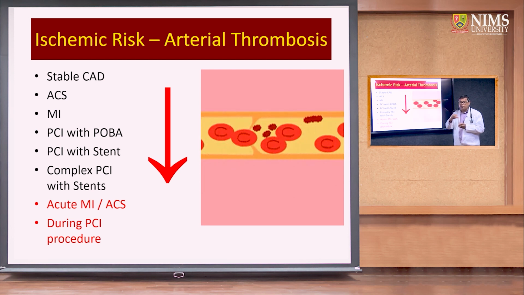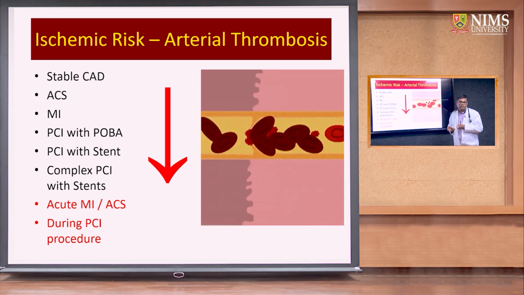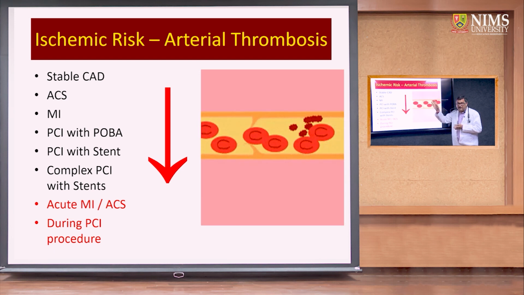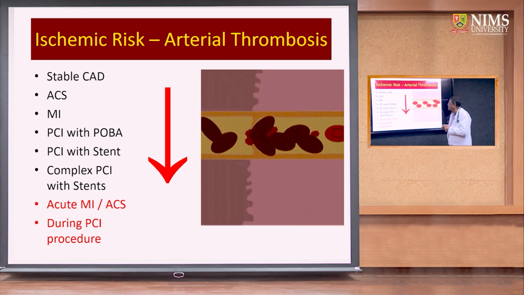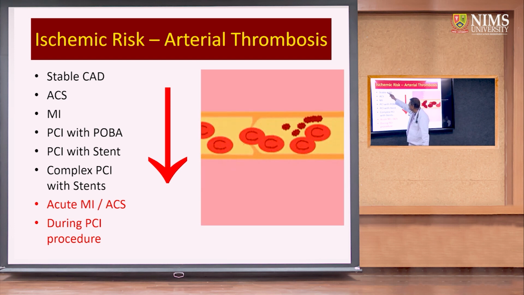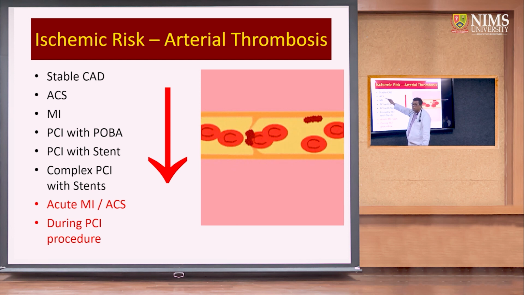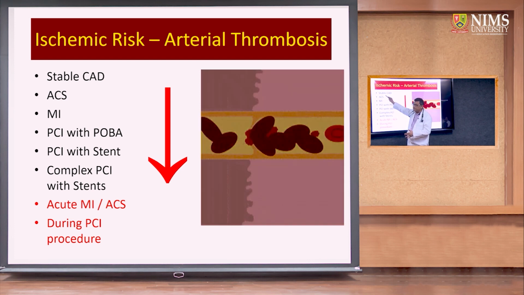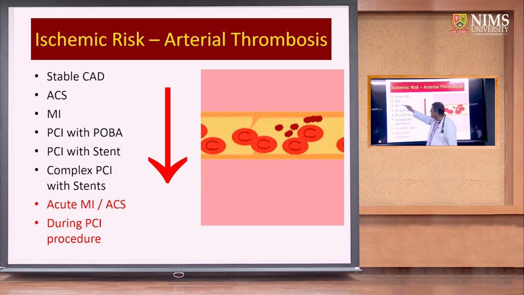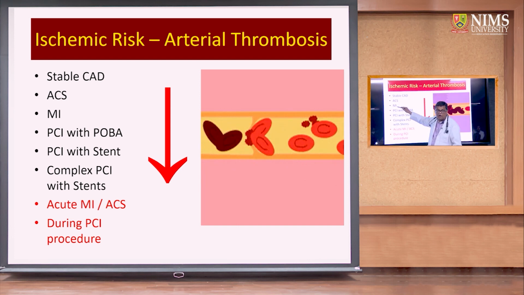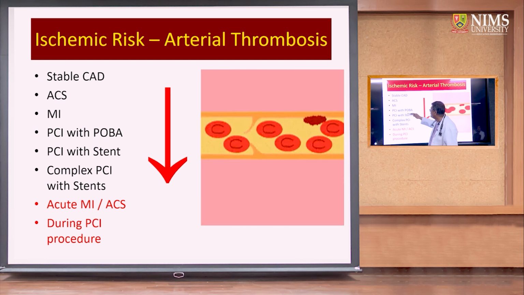More importantly, you have to classify how the risk of arterial thrombus formation is increasing, because if you can identify how the thrombus risk is increasing, you can give more potent medication. So, simplest, lowest risk, stable coronary artery disease. Acute coronary syndrome, higher risk than stable coronary artery disease. MI, acute ST elevation MI, even higher risk than acute coronary syndrome of forming of arterial thrombus.